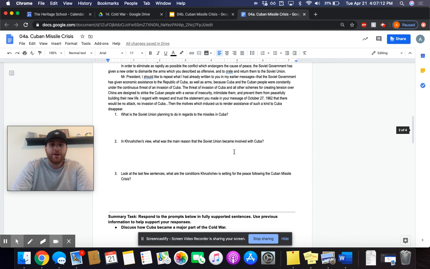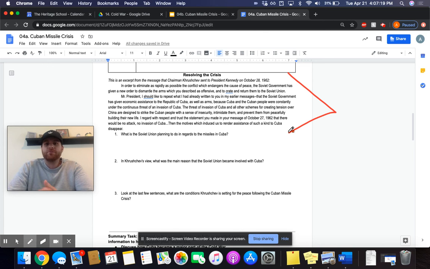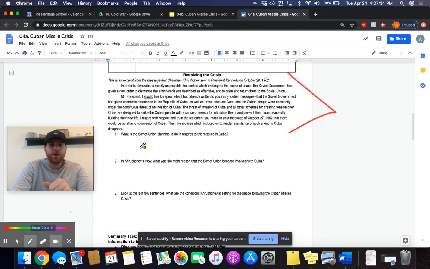You're going to be using those readings to help you complete this table right here with those questions that are already provided. And then the next thing you're going to be doing is using this reading that focuses on resolving the crisis, resolving this Cuban Missile Crisis. I already mentioned the Soviets end up not placing the weapons in Cuba. Crisis is averted. You'll get some more details in here as well from the perspective of the Soviet leader.